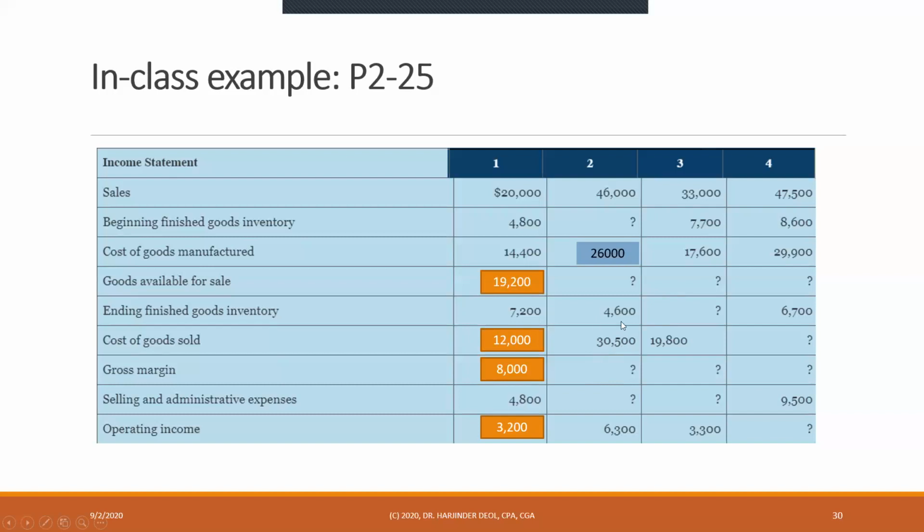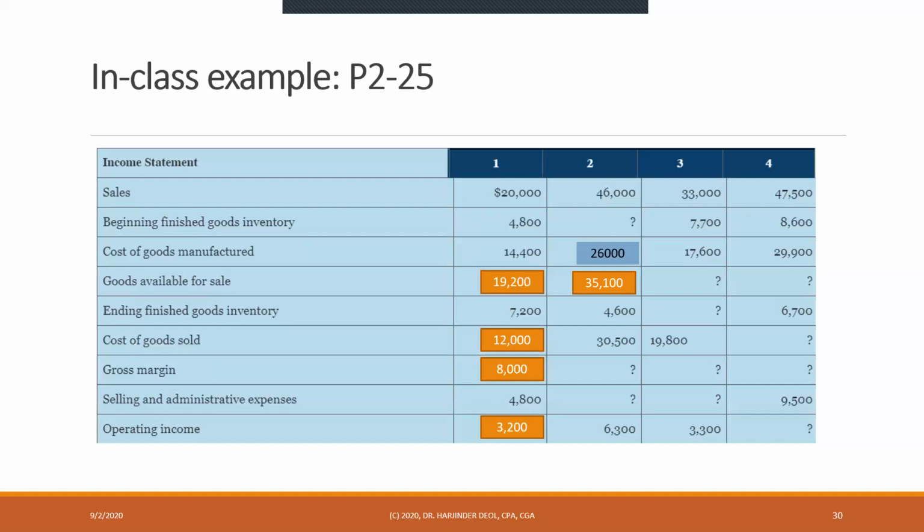Right? So if you work backwards, our goods available for sale must have been 30,500, the cost of goods sold, plus 4,600, the ending inventory, or $35,100.